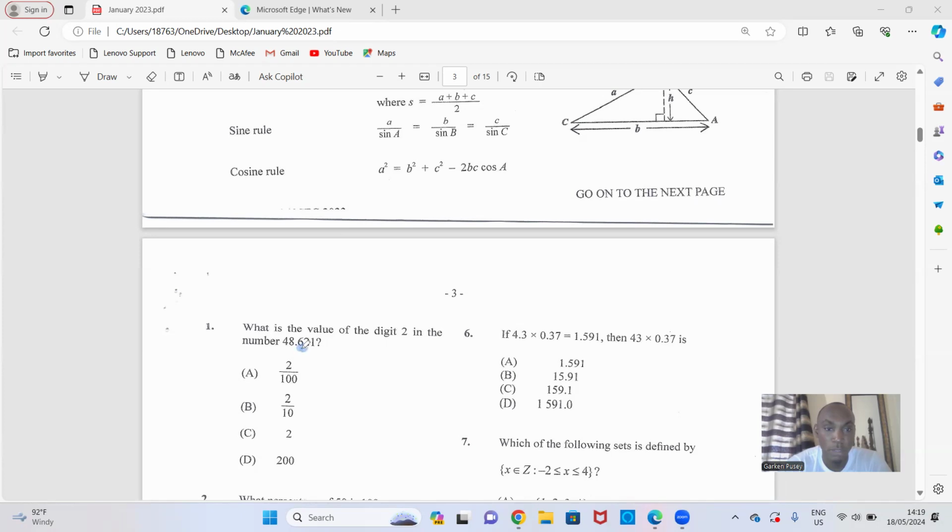The first digit to the right of the decimal point is in the 10th position, so we can say 1 over 10. The second digit is in the 100th position, so this is 1 over 100.